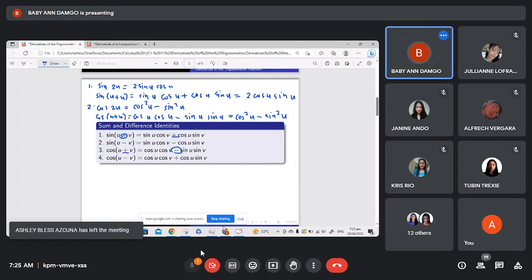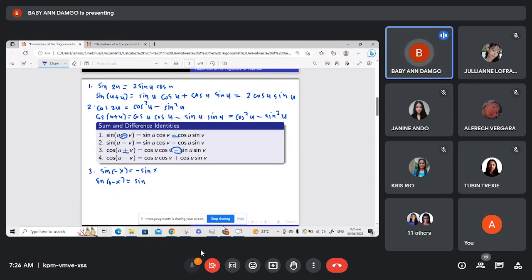Okay, so another one, sine negative x is equal to negative sine x. Okay, so this we can also write as 0 minus x. So we can apply the difference of sine. So this is sine cos. So sine 0, cosine x. Since this is negative, this is the difference of sines. Okay, so cosine 0, sine x.